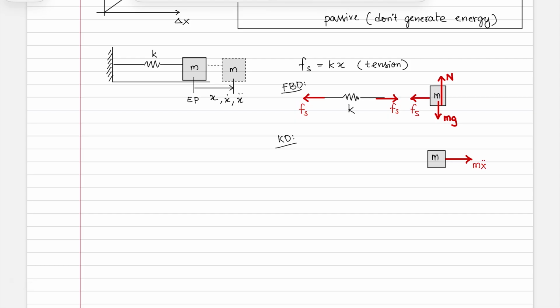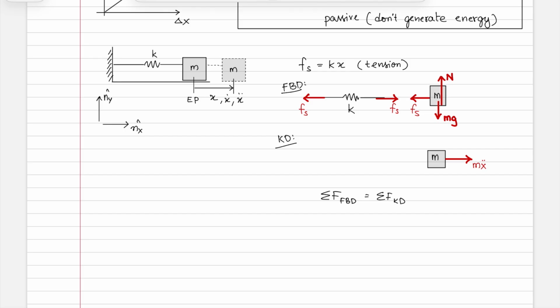So what can we derive from all of this? Using Newton's law, the sum of forces in the free body diagram is equal to the sum of forces in the kinetic diagram. To write these vectors, you know that forces are vectors, so you need some unit vector to represent the direction. Let's say this here is the nx hat unit vector, and this here is your ny hat unit vector.